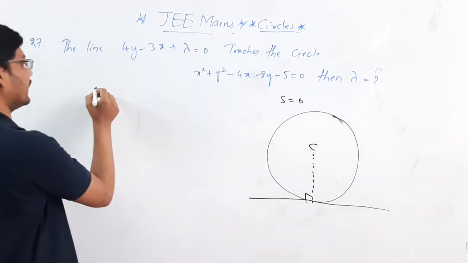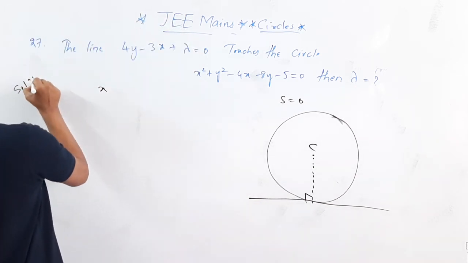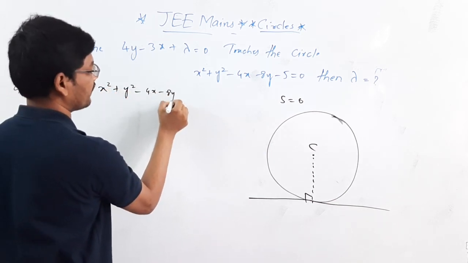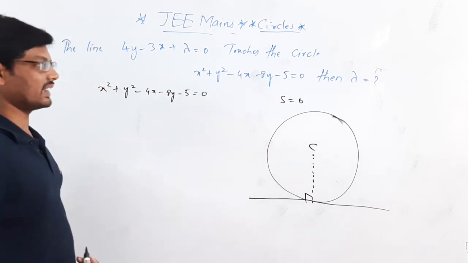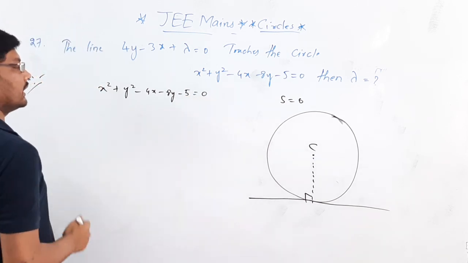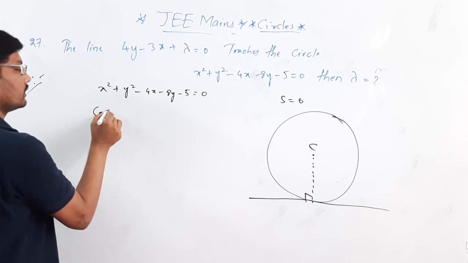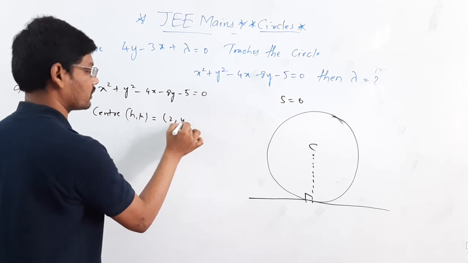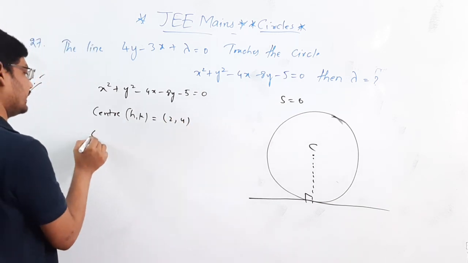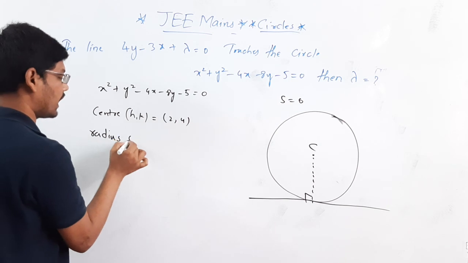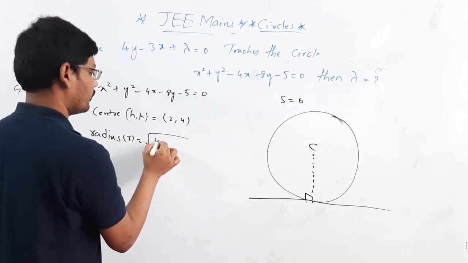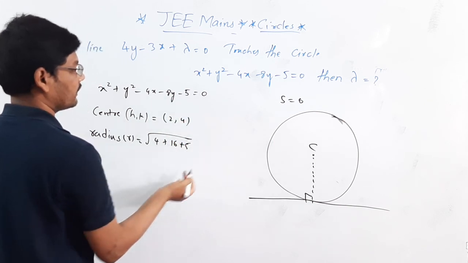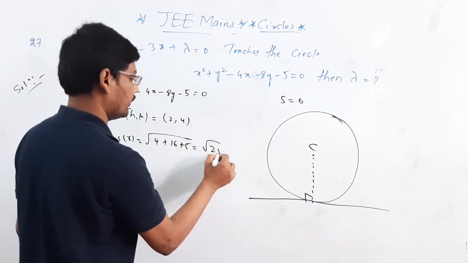So from this circle, x square plus y square minus 4x minus 8y minus 5 equals 0, this is the circle equation here, and from this the center (h, k) or (minus g, minus f) is 2 comma 4. This is the center, and the radius r is equal to square root of 2 square plus 4 square plus 5, which is 4 plus 16 plus 5 is 25, that is equal to 5.